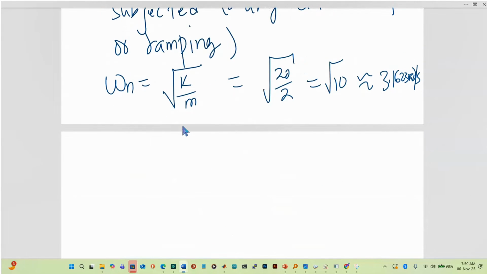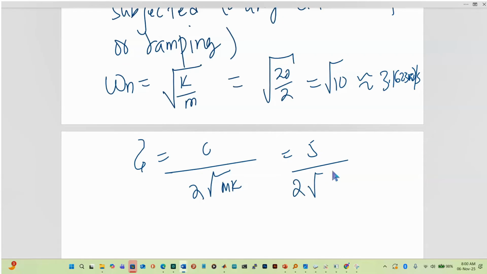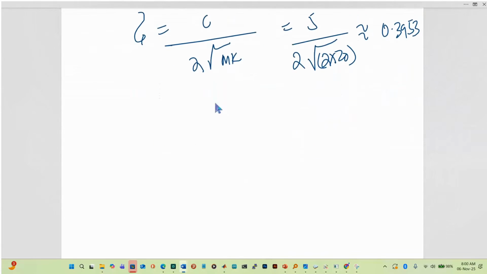Next is zeta, or the damping ratio. The symbol is funny. Our zeta is C divided by 2 square root of mk, which is 5 divided by 2 square root of (m is 2, k is 20), approximately equal to 0.3953.